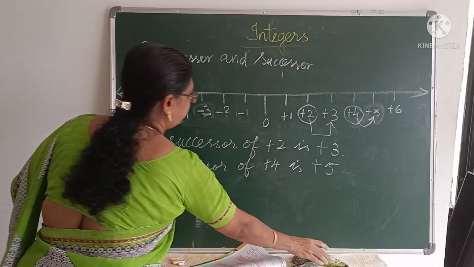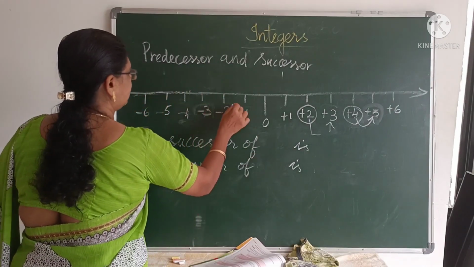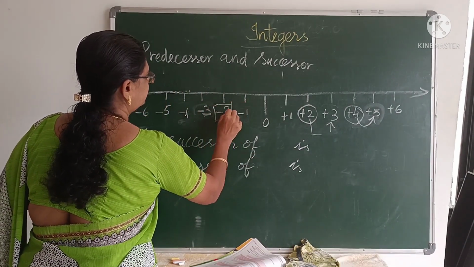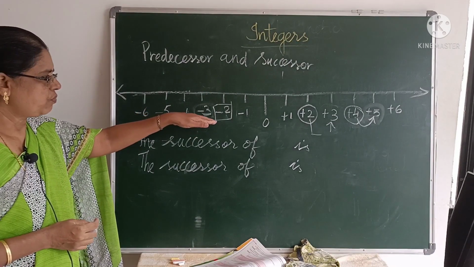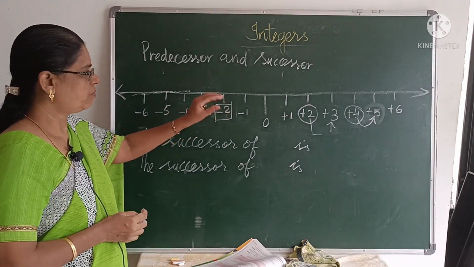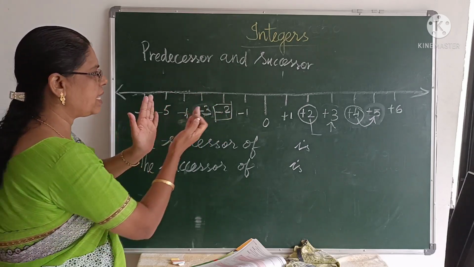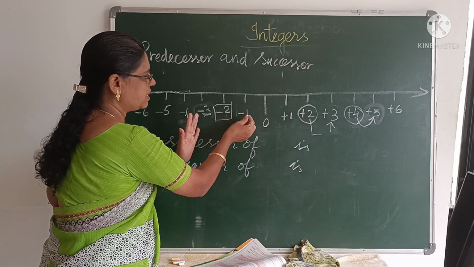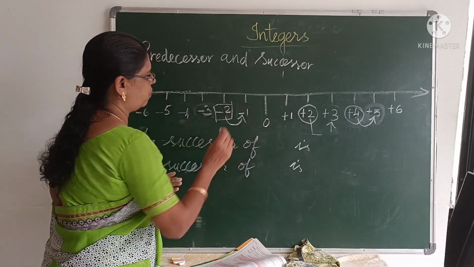In the same way, we will take the negative integers. Take minus 2. To find out the successor of any given integer, you should just look at the right of it. So which integer is just right of minus 2? It is minus 1.